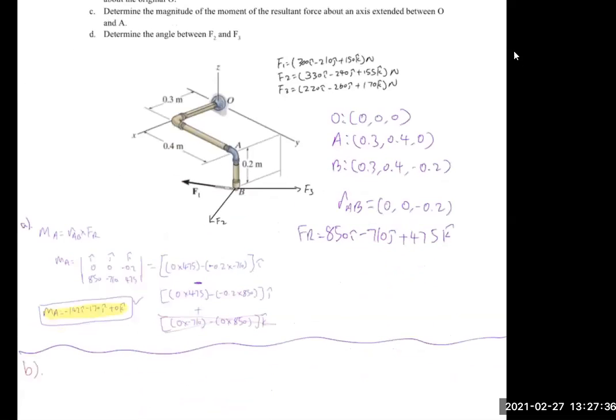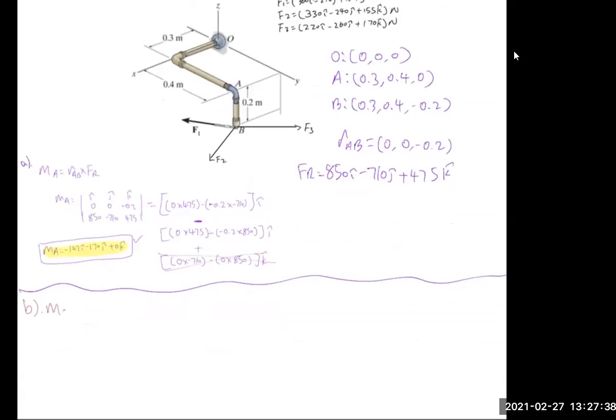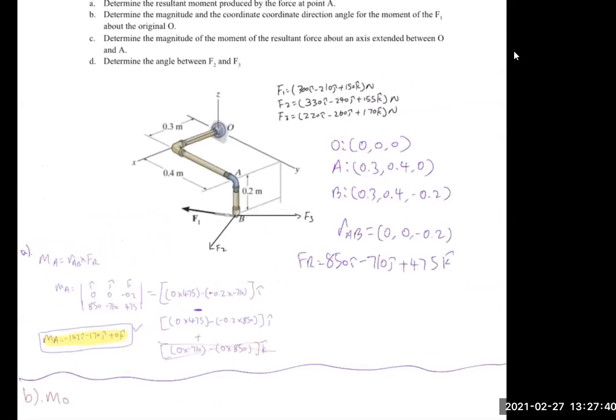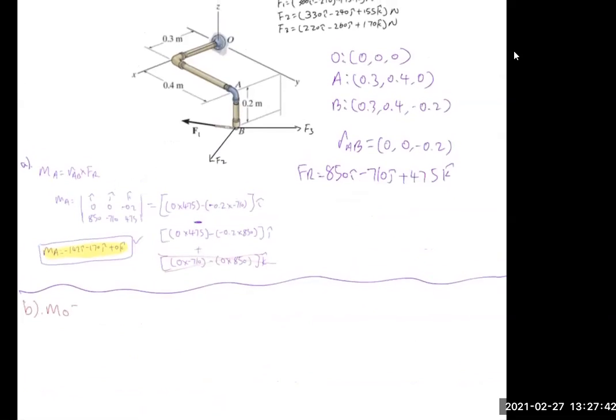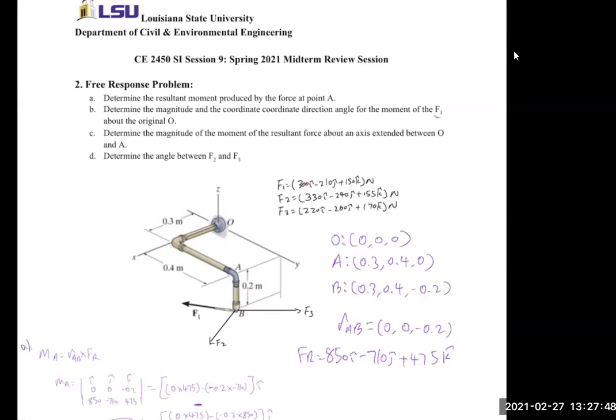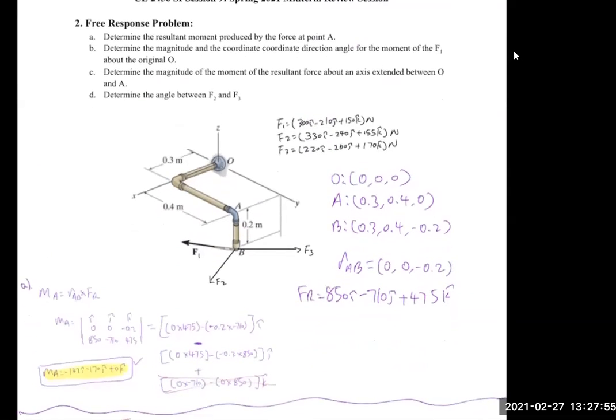We want to generate the moment at the origin, so MO equal to R cross product F1, okay? Because they tell you the moment about F1, they give you which force you're going to use, and then I'm going to find my R. It says about the origin O, so I want the vector from the point generating the moment to where the force is, which is ROB.